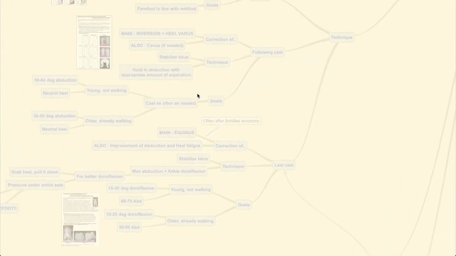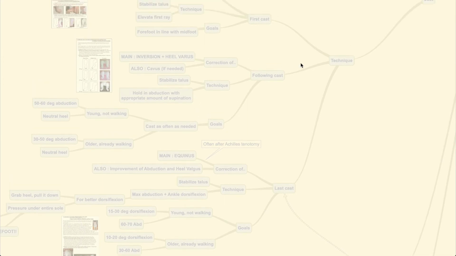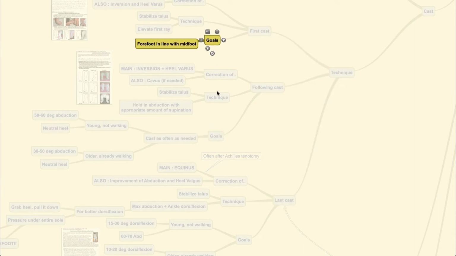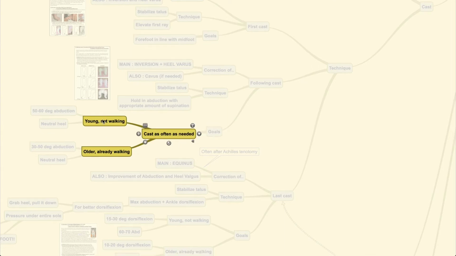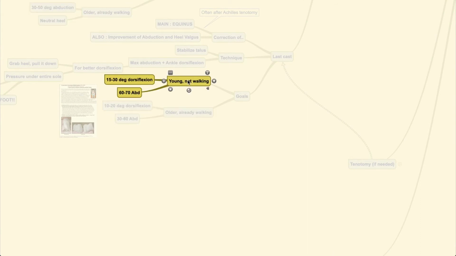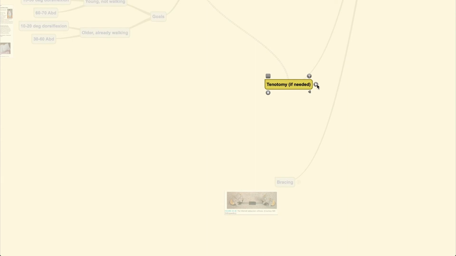So during your exams, especially your board exams, you need to know what each of these casts does and what the goals of each of these casts are. If you have mastered all of these goals, all of these degrees and numbers, then you are very unlikely to fail your exam.